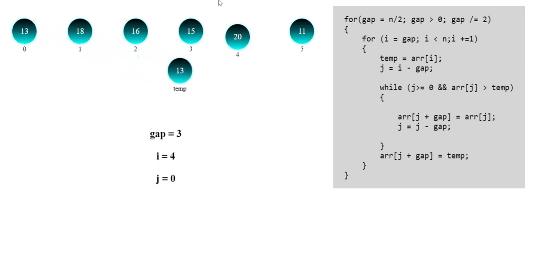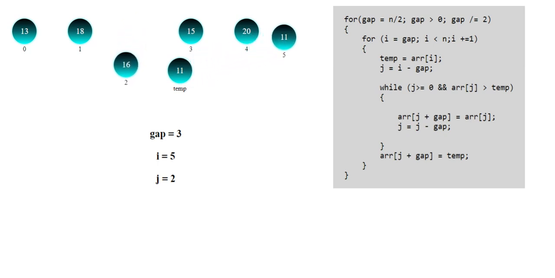Now 20 and 18 are compared. 18 is less than 20, so there is no change. 11 and 16 are compared. 16 is greater, so 11 and 16 get swapped.